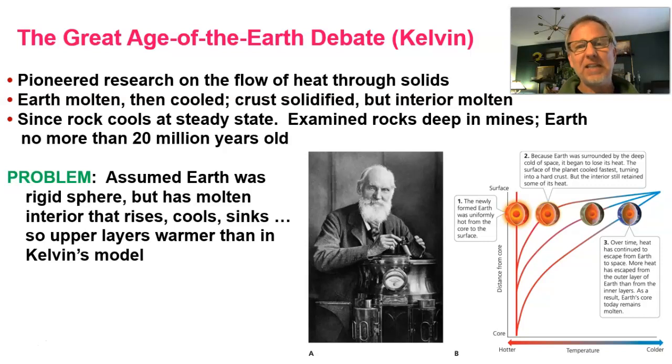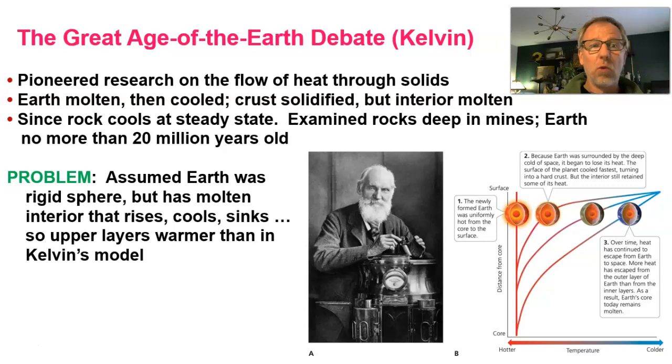Based on what he had learned through the mechanics of heat transfer, he inferred that the Earth must have started off in its beginnings as a molten blob, then cooled gradually, forming a solid crust on its surface, but the interior of the Earth would have remained molten.